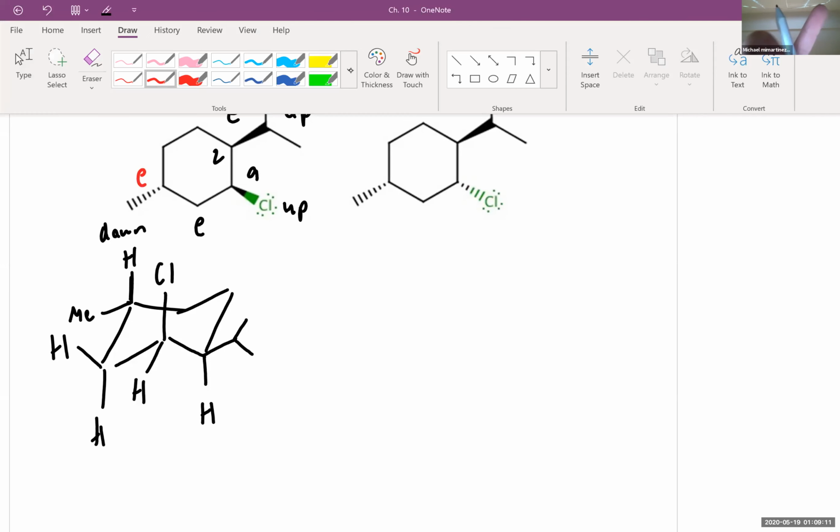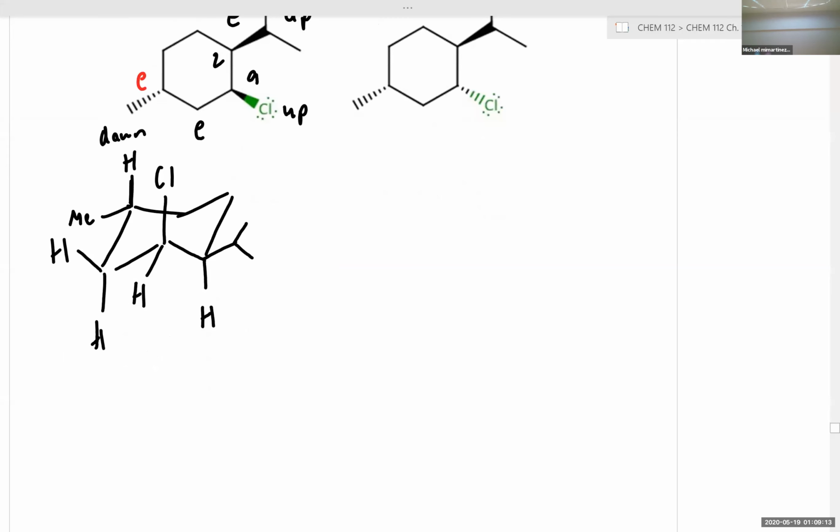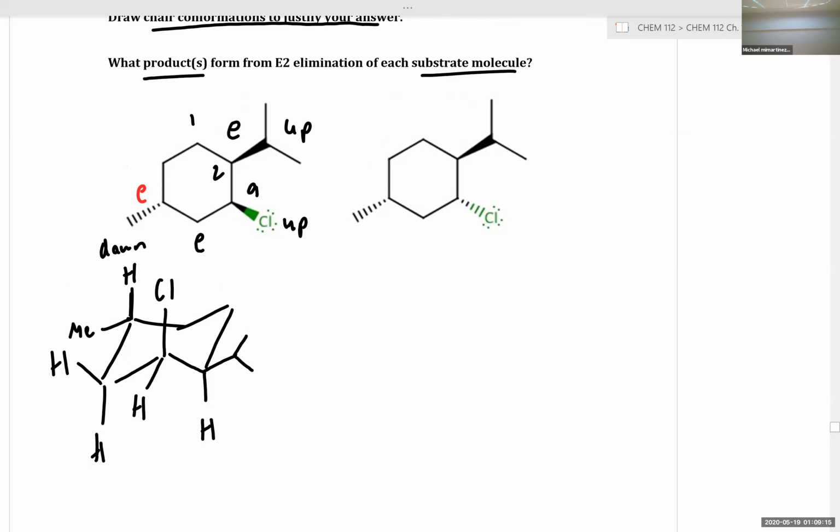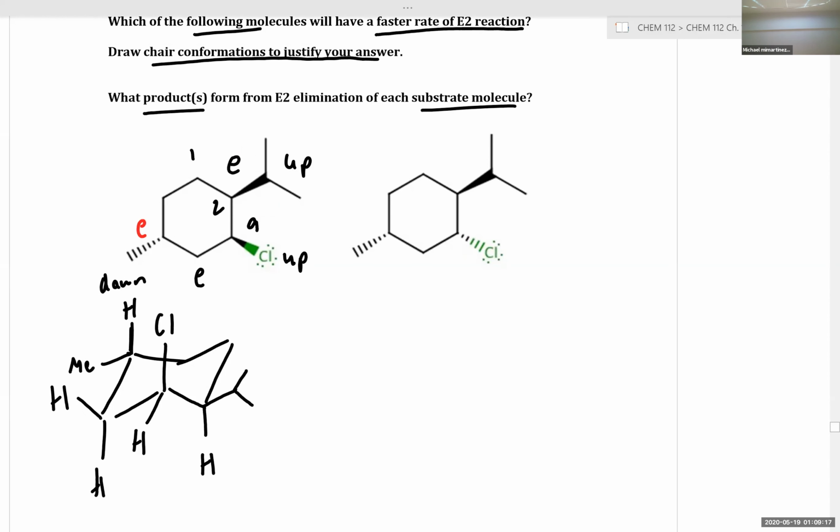Okay. Now we can show the ring flip. We can certainly do that, but we can clearly see what the reactive conformation is. But let's draw the ring flip just to show.